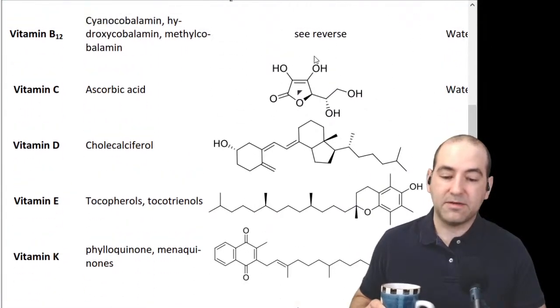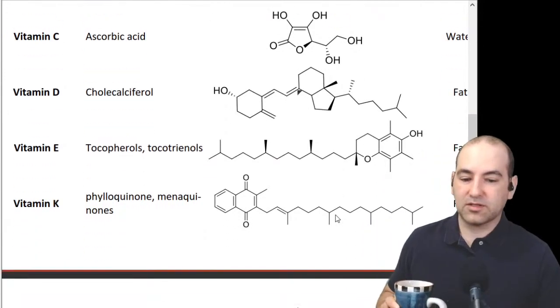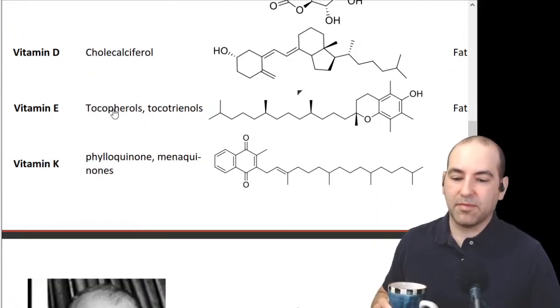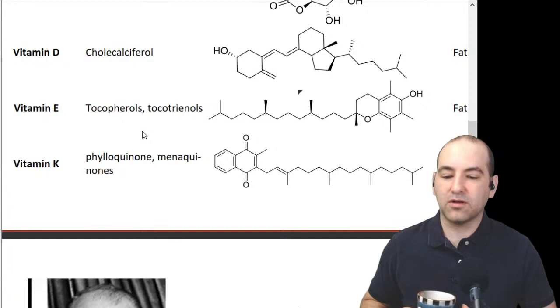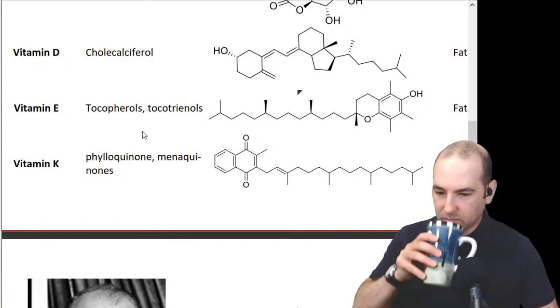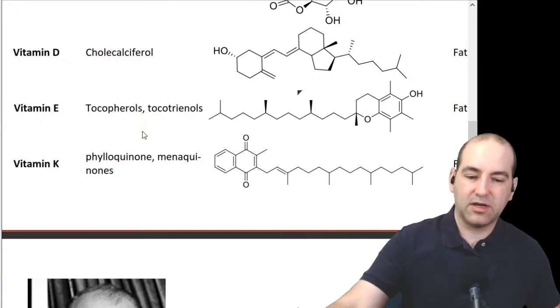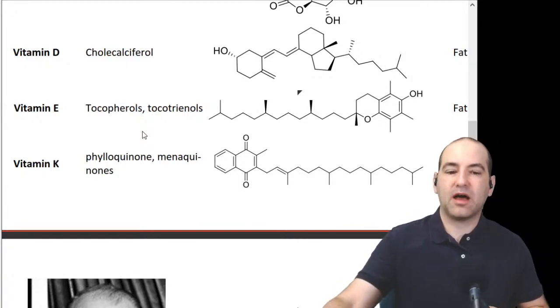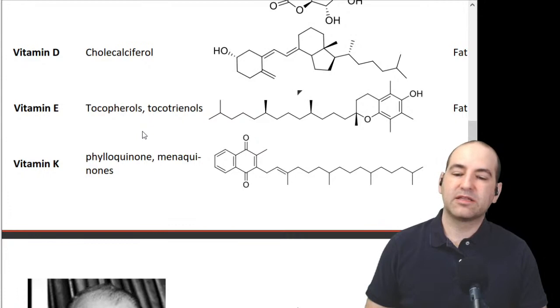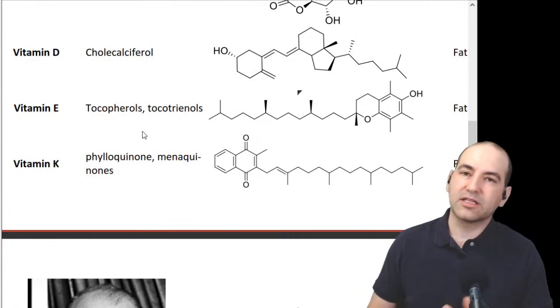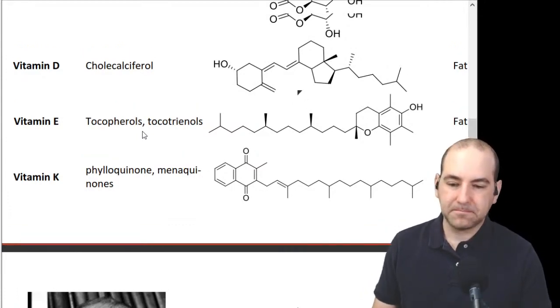Vitamin E is not just one molecule, this thing here. It's a bunch of different ones called tocopherols and tocotrienols. So if you ever see on an ingredient list, it's pretty common, especially in cosmetics, it'll say mixed tocopherols. That's basically vitamin E.